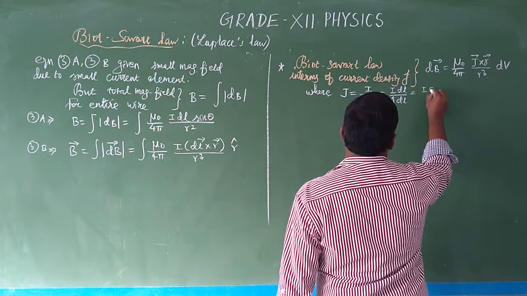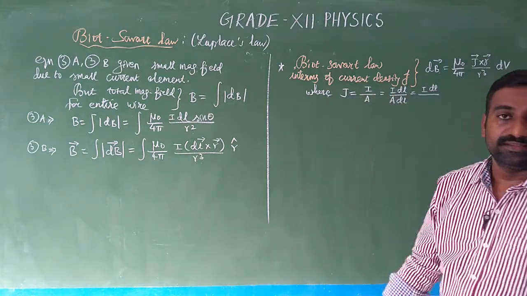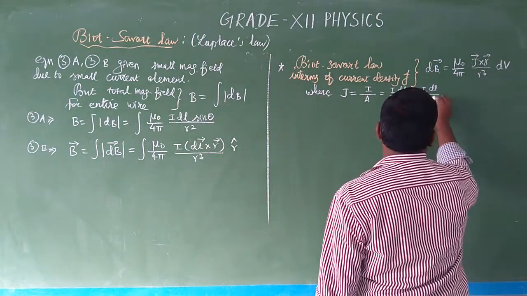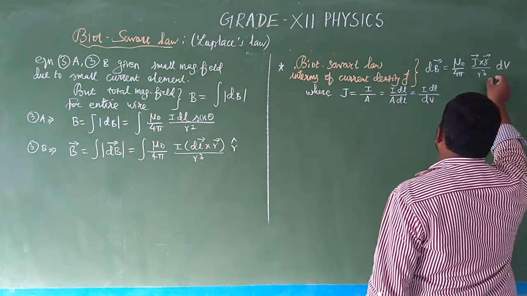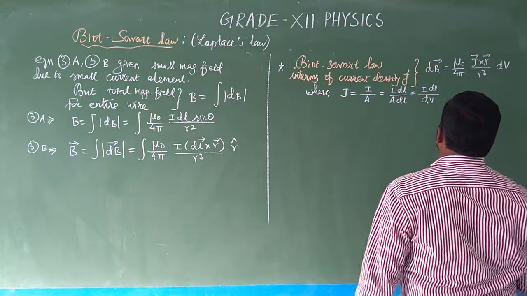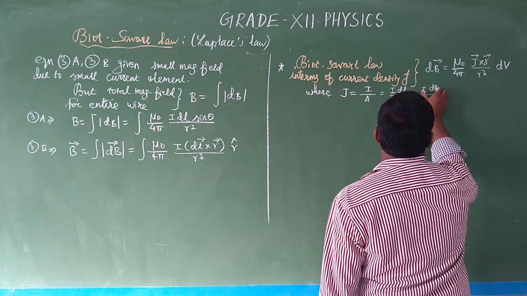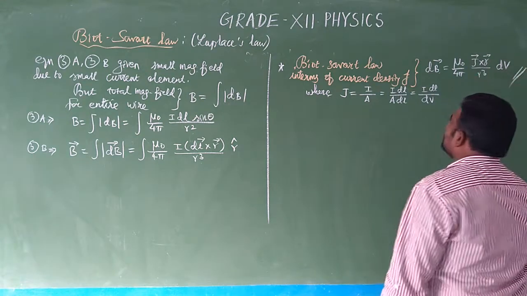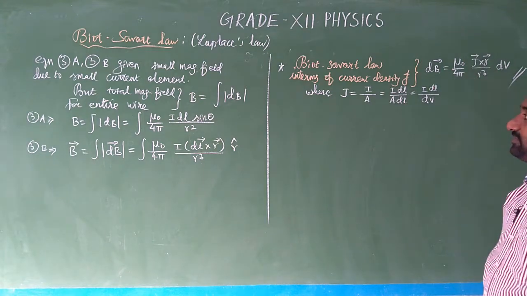Area into length is meter square into meter, that is meter cube. It's nothing but volume. So I dl by A dl is equal to I dl by dV. The dV stays as it is, but instead of I dl we take J, the current density. So this formula is the Biot-Savart law in terms of current density.